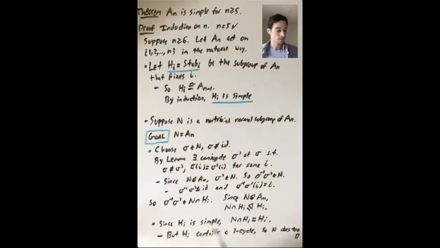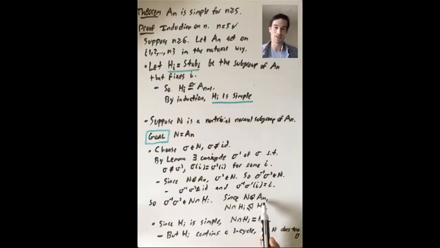So what does that mean? This is a non-identity element that's in N, but it also fixes i, so it's also in H_i. The intersection of two subgroups is a subgroup. So N intersect H_i we now know is a non-trivial subgroup of H_i. What else is true about this subgroup?